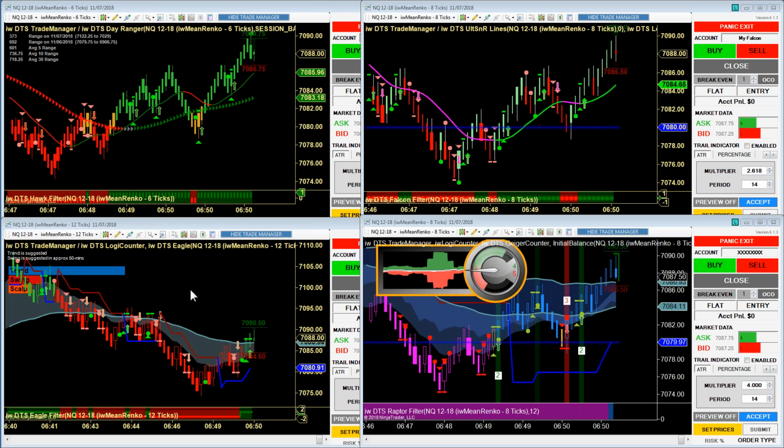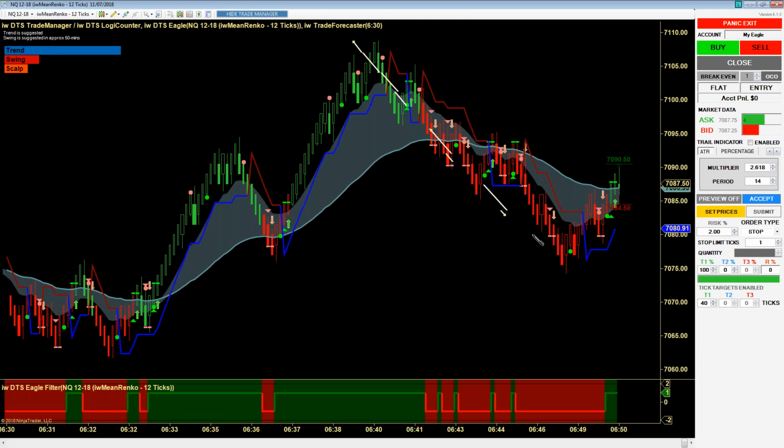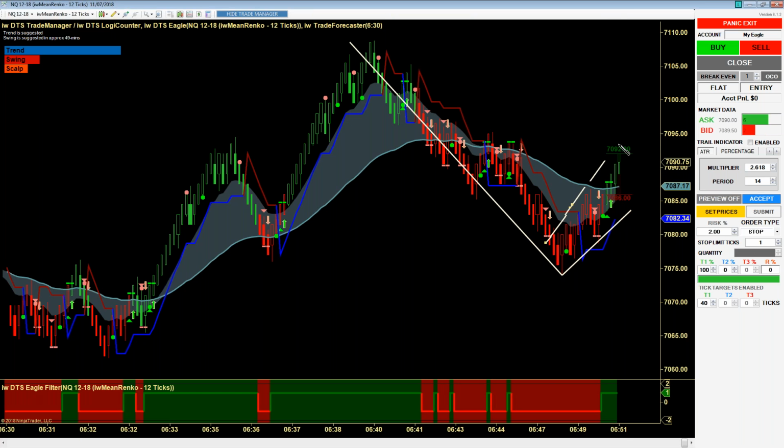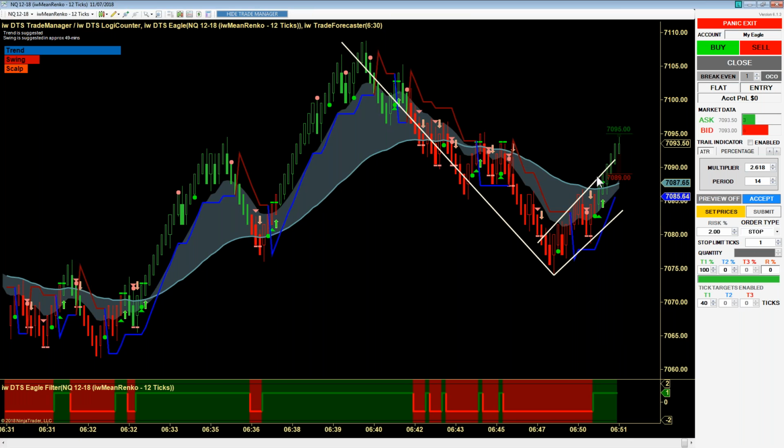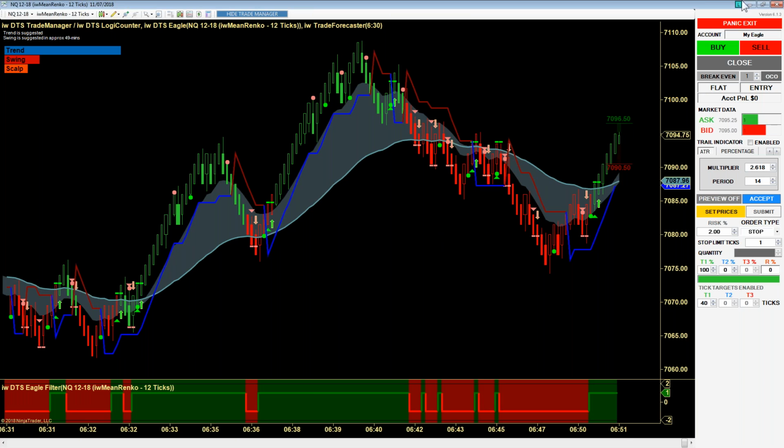Speaking of trend lines, this might be the type of situation where I would wonder if this recent rally was really just a bear flag in the making. Nope, not yet. Not yet.